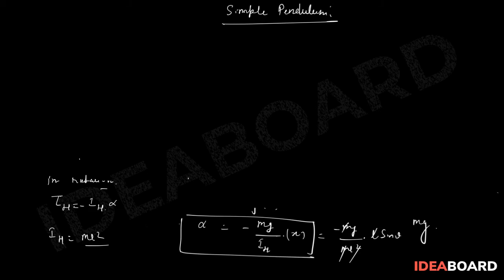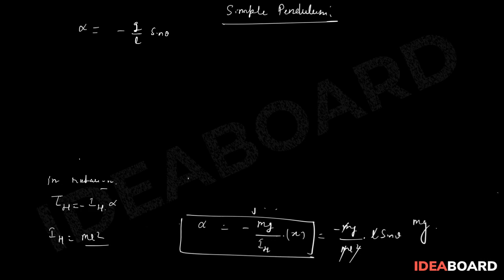So here alpha is equal to minus g by L into sine theta.